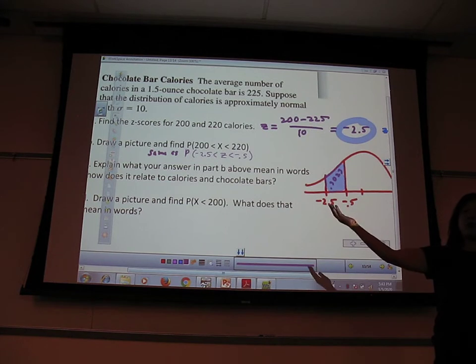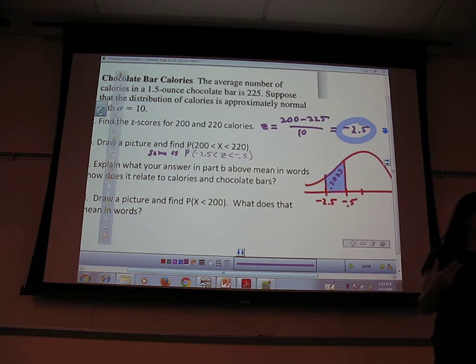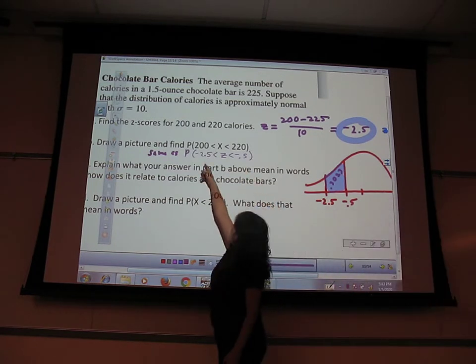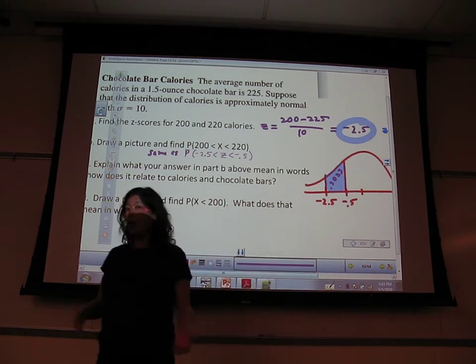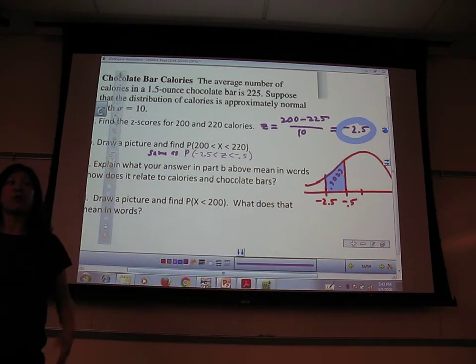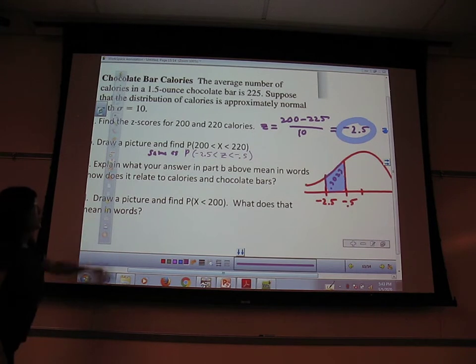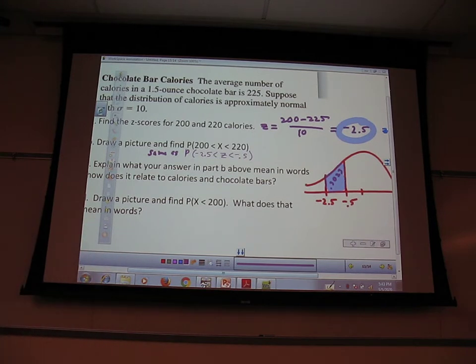Normal CDF, right? So we need to first take our x values, change them into z-scores, so then we can just use normal CDF on them. We totally know how to find the area between two z-scores, or the probability between two z-scores, right? Area is probability. Find the area between two z-scores. Good.